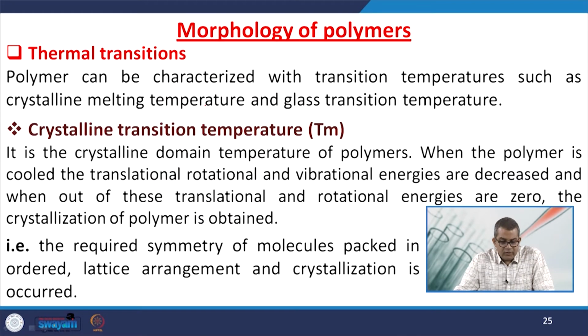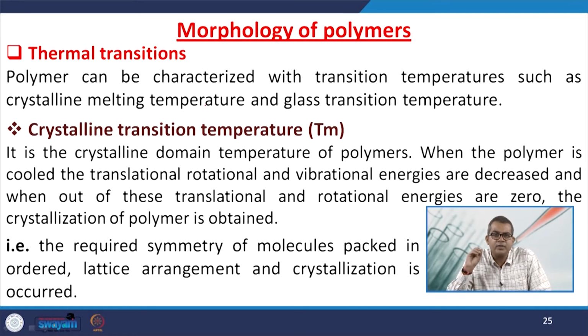Another aspect which we look into in this morphology is the thermal transition. Now, this polymer can be characterized with transition temperatures such as the crystalline melting temperature or the glass transition temperature. We discussed briefly that the glass transition temperature plays a vital role in deciding the properties of the polymer. Now, the crystalline transition temperature is the crystalline domain temperature of the polymer.